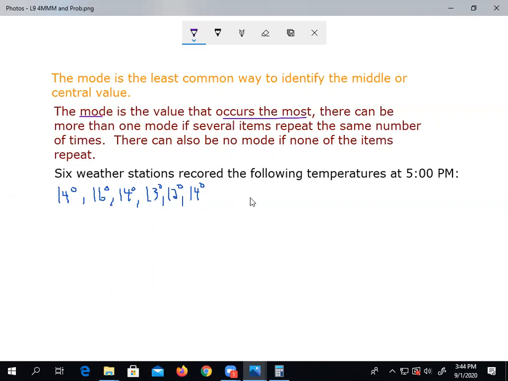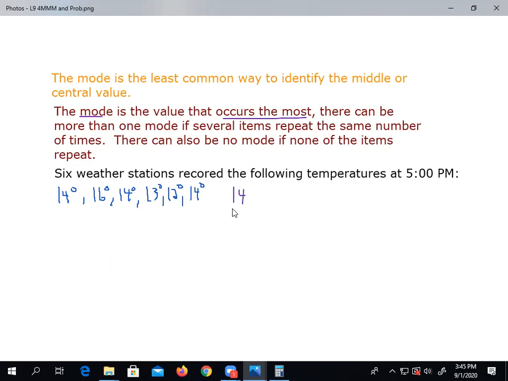So let's look at our data. 6 weather stations recorded the following temperatures at 5 p.m. We have a 14 degree, a 16 degree, 14 degree, a 13 degree, a 12 degree, and a 14 degree. So the mode is the one that occurs most.